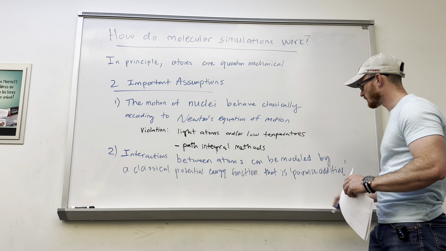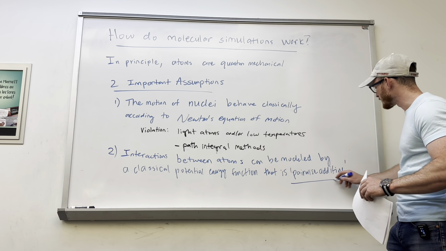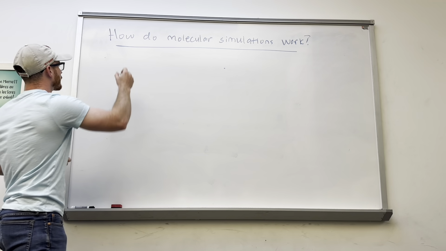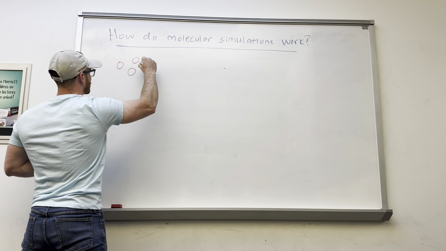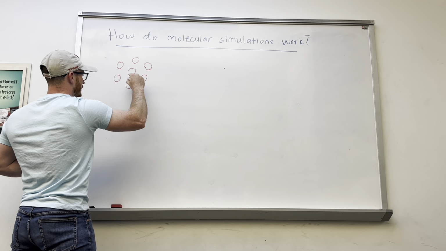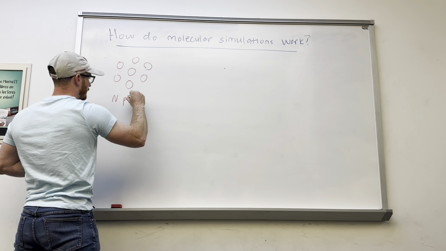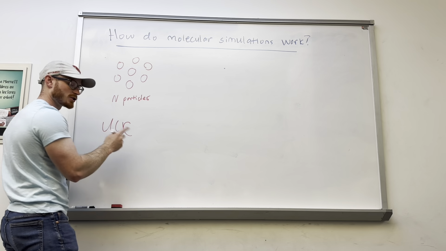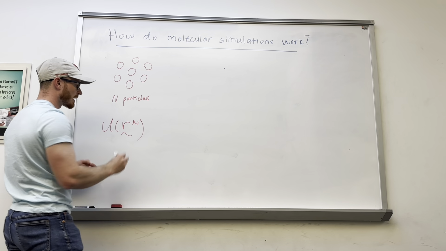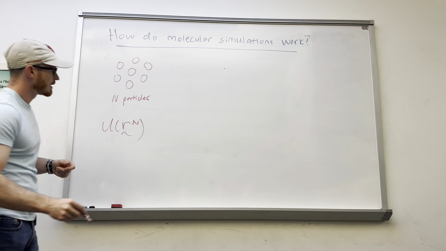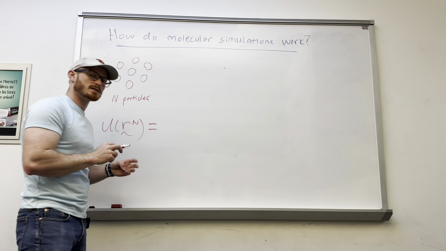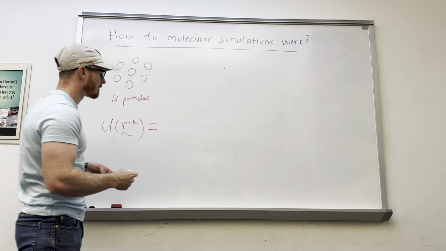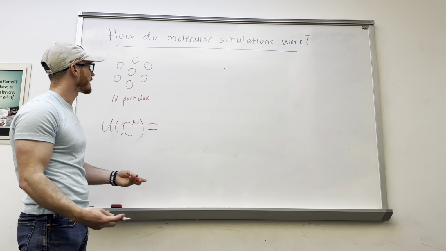Pairwise additive. So what does pairwise additive mean? We have our system. Let's say it's of n particles. Our potential energy is a function of the positions of all of these particles. We'll write that like this. And really it's a sum of contributions of many different types.